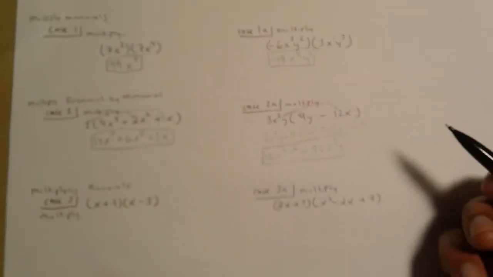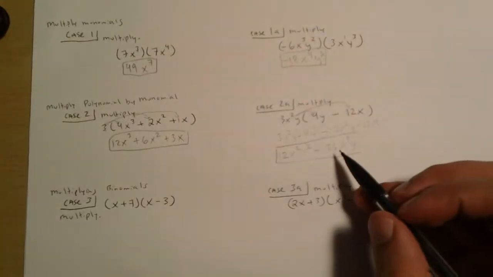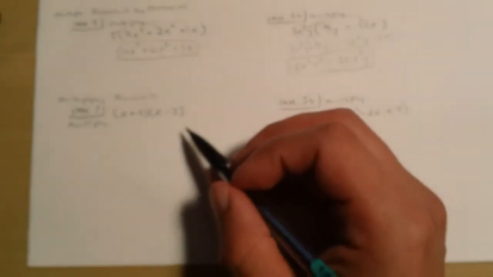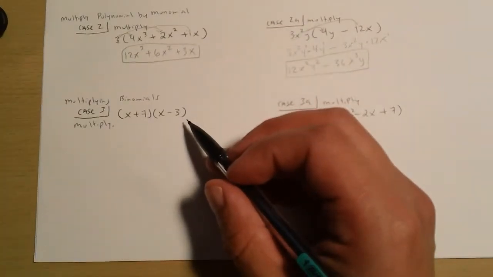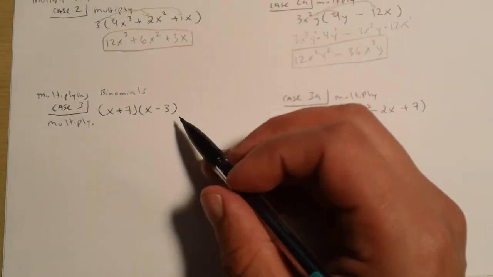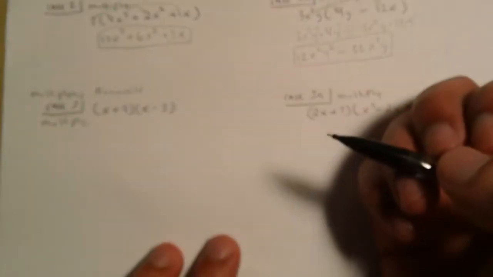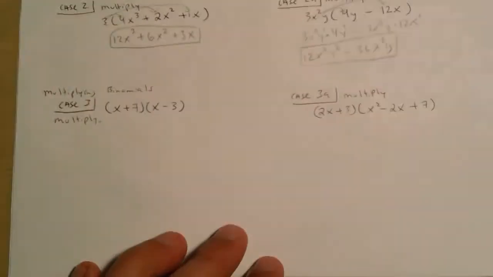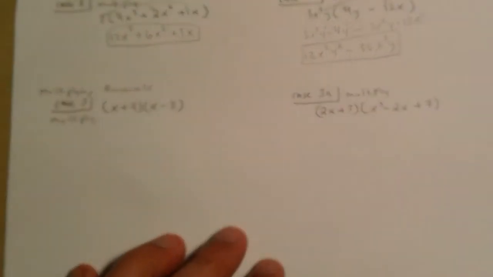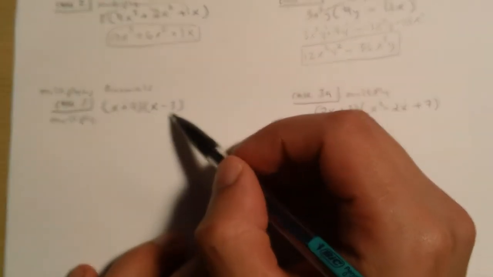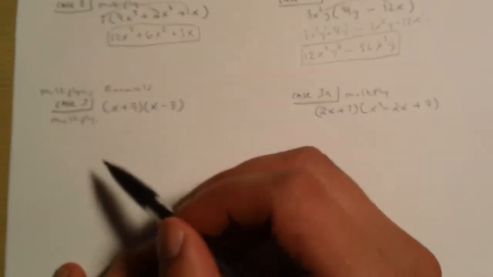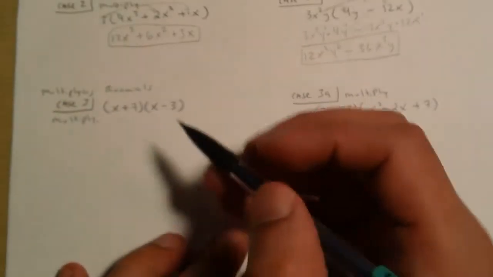Now whenever we're multiplying binomials, you can use FOIL or the box method, and I'll show you using the box method.